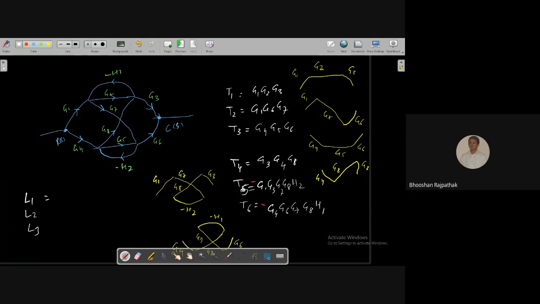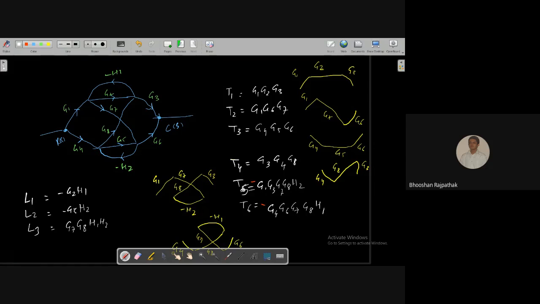Okay. So you can check this: minus G2 H1, equal to minus G5 H2, and equal to G7 G8 H1 H2.